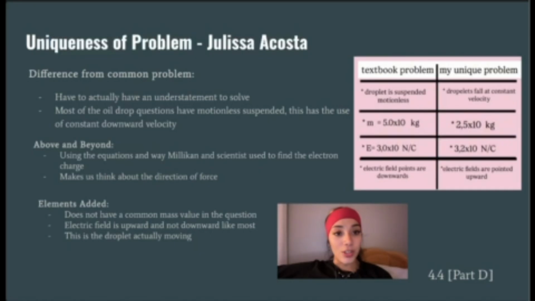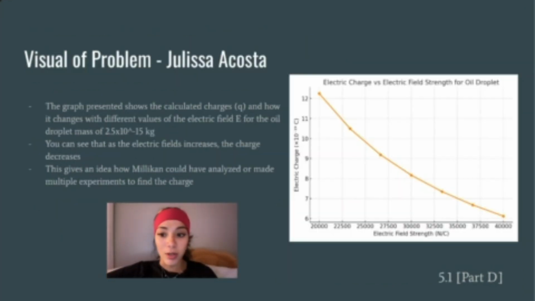It uses the equations the way Millikan and other scientists used to find the electron charge. Some of the elements added were a mass value that is not common in the equation, the droplet actually moving, and the electric field being upward and not downward like in most of the questions. That's why it's unique.